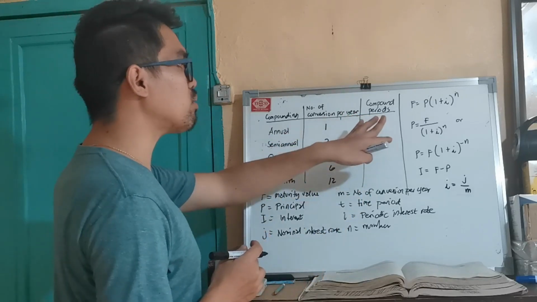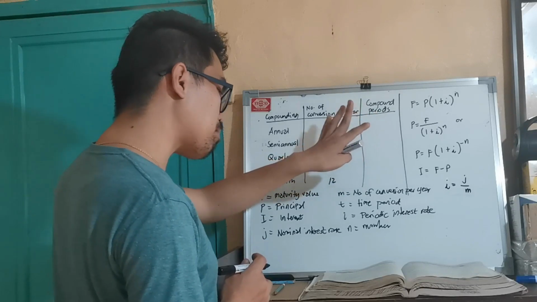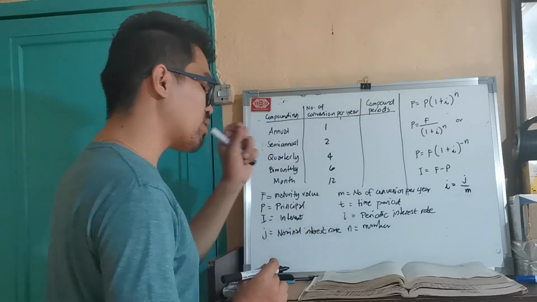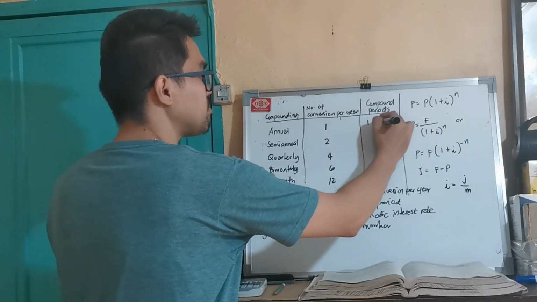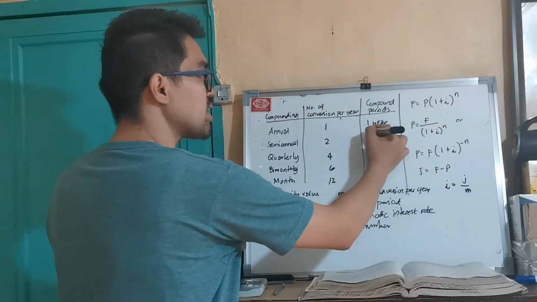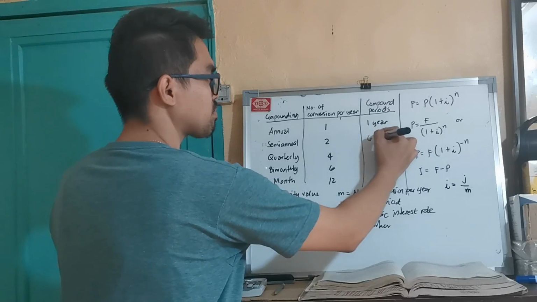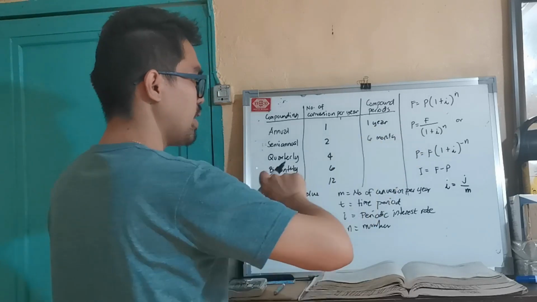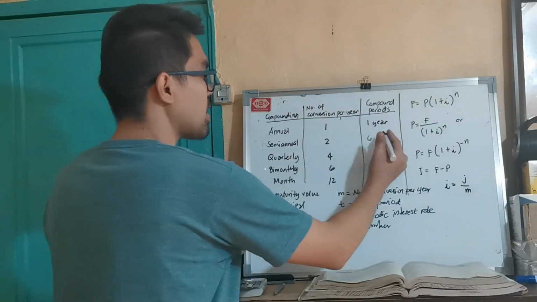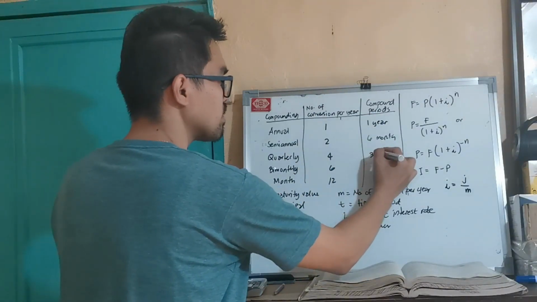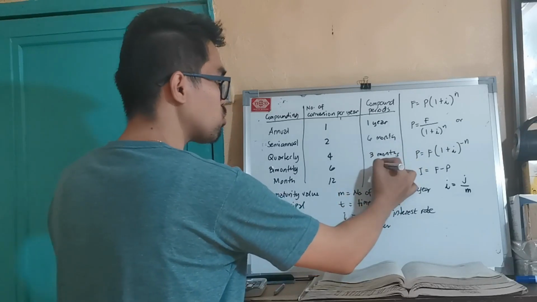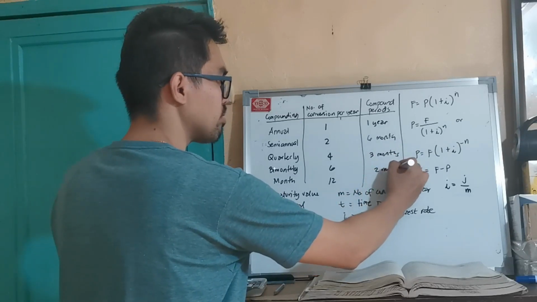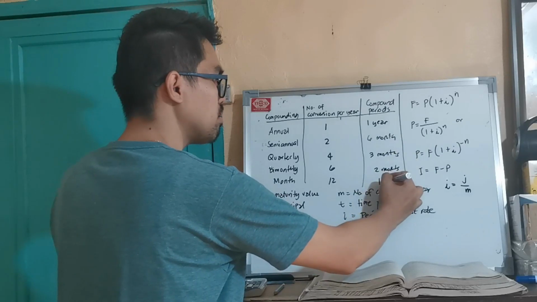Now, for the compounding period, or conversion period, this is equivalent to 1 year, and then 6 months, and then 3 months, and then this is equivalent to 2 months, and then this is 1 month.